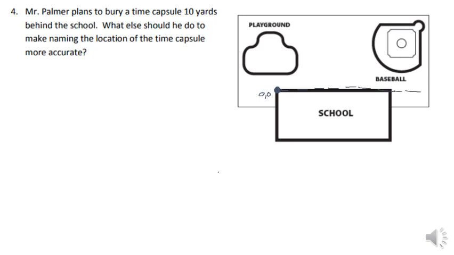Then I'm going to bring my X coordinate across. That's the X axis. And then I'm going to come up with my Y axis. And then I'm going to say this is 1 yard.